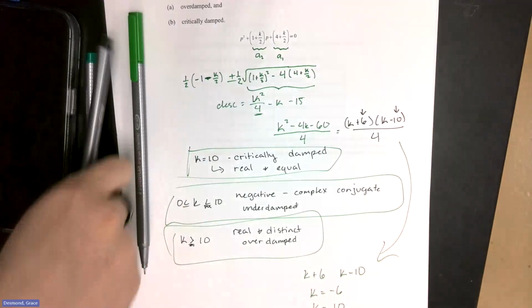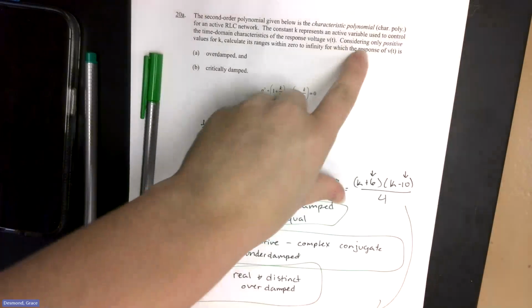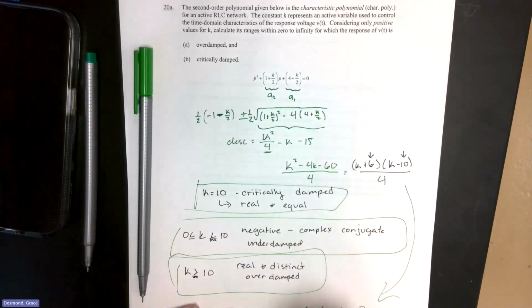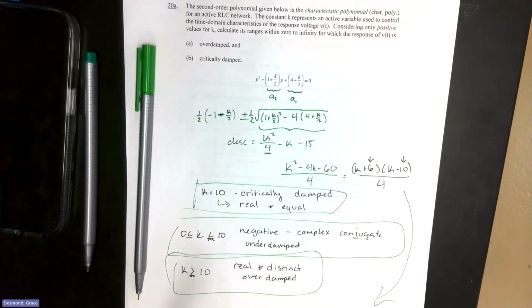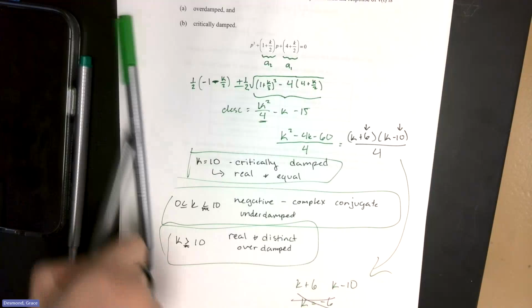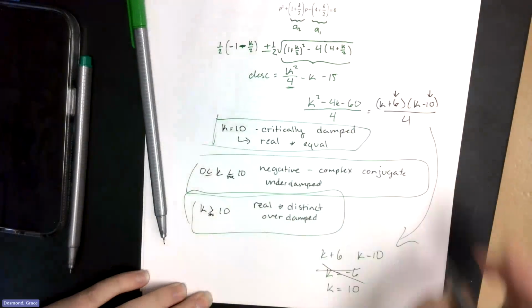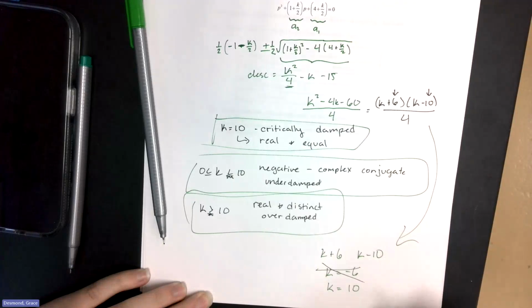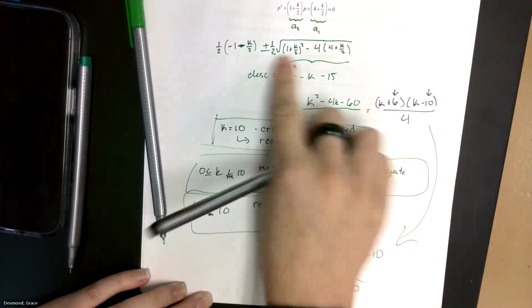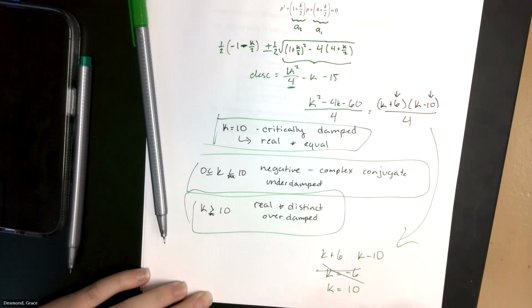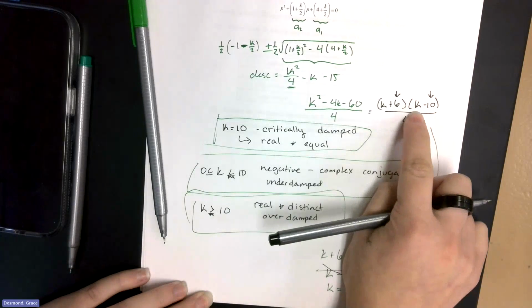We said considering only positive values for k, so we ignore that. But from here, we know that in the discriminant it's going to be k minus 10.